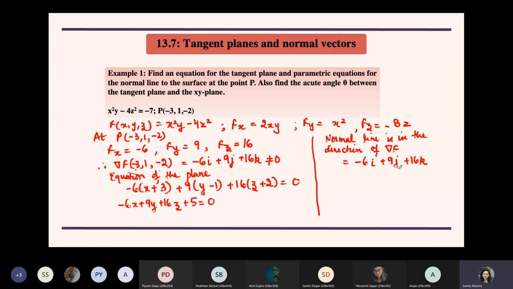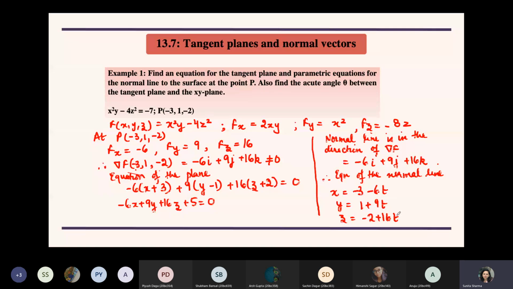Okay, so this is the direction of the normal line, and since it passes through this point, the equation of the normal line is given by x is equal to x naught. So your x naught is minus 3, then minus 6t, y is 1 plus 9t, and z is minus 2 plus 16t. Is this fine with everyone?